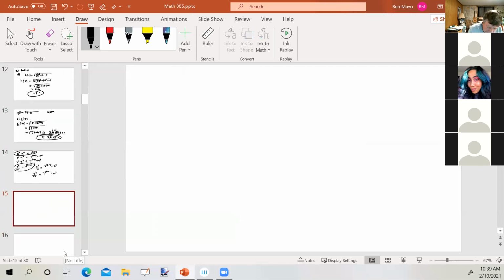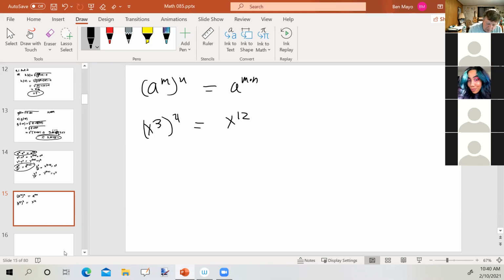Another rule. Let's say we've got a power raised to a power. In this case, we multiply the exponents. So let's say we've got x cubed to the 4th power. That would be x to the 12th power, or y squared to the 8th power would be y to the 16th power.